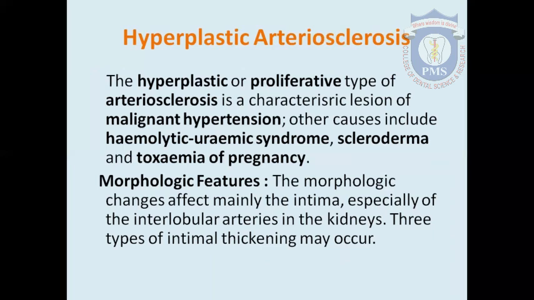Hyperplastic arteriosclerosis. The hyperplastic or proliferative type of arteriosclerosis is a characteristic lesion of malignant hypertension. Other causes include hemolytic uremic syndrome, scleroderma, and toxemia of pregnancy.